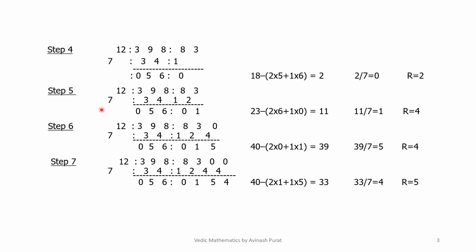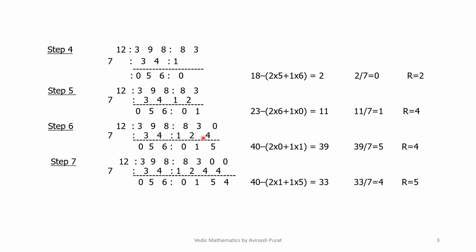Now step 5, 23 minus 2 into 6 plus 1 into 0. So 23 minus 12 is 11. 11 by 7 is equal to 1, and remainder is 4.